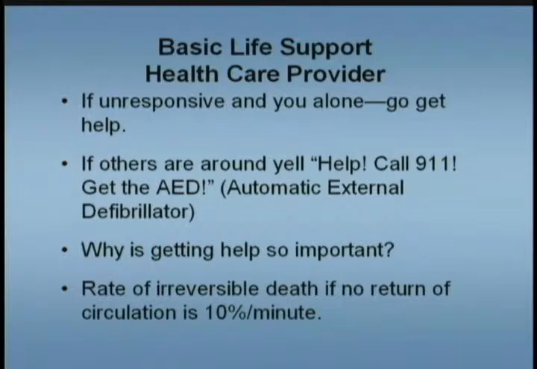And the mortality rate is approximately 10% per minute. So if you open the airway and even do CPR, and no one's bringing a defibrillator, you can hold the airway open for 10 minutes, and then essentially there is zero chance of this patient ever recovering. Okay?